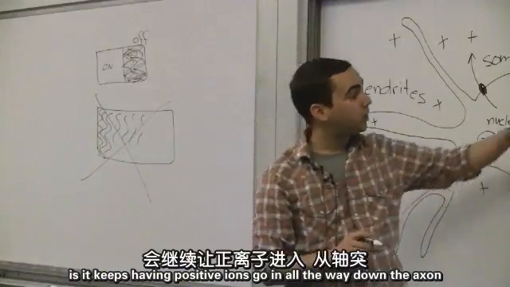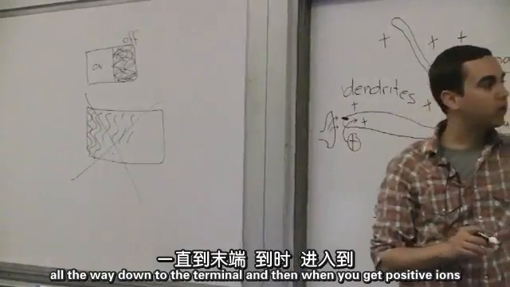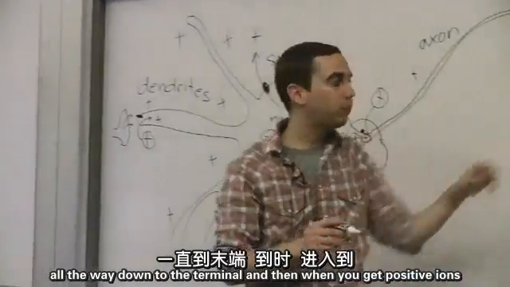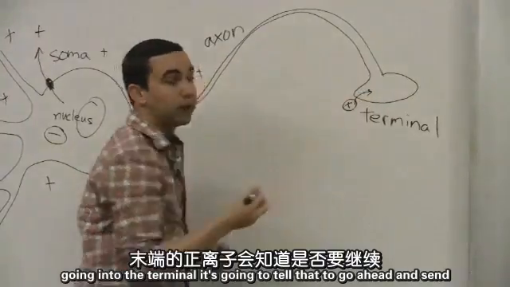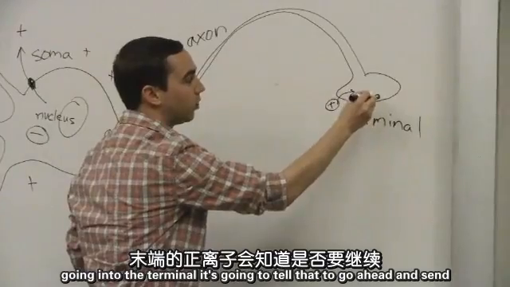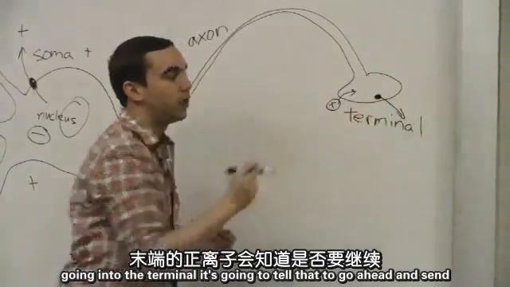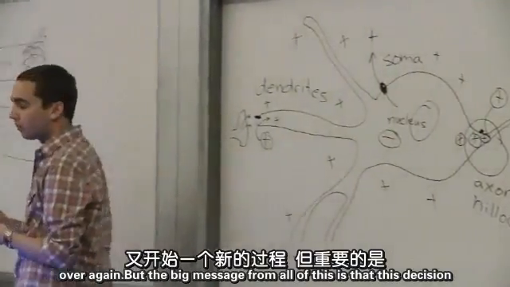And the way it does that is it keeps having positive ions go in all the way down the axon, all the way down to the terminal. And then when you get positive ions going into the terminal, it's going to tell that to go ahead and send a chemical message on to the next cell and start the whole process over again.